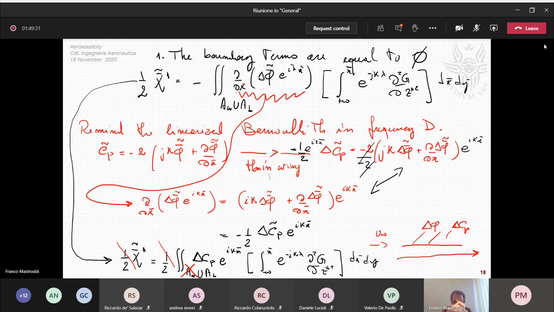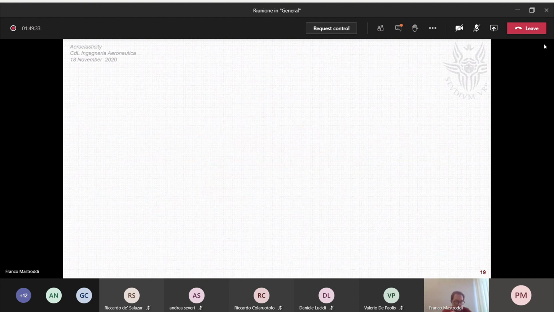In particular, consider this very final formula. We have that our chi bar tilde normal wash is equal to an integral on the body only of this delta Cp.